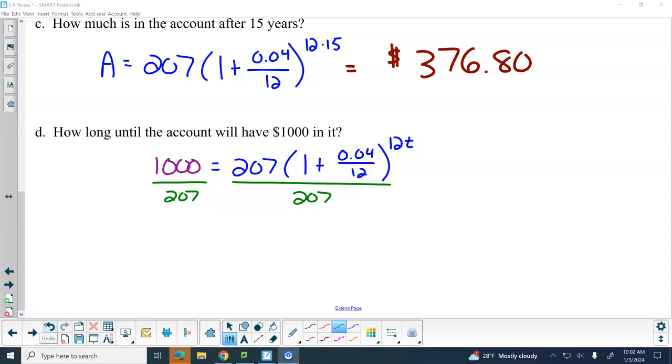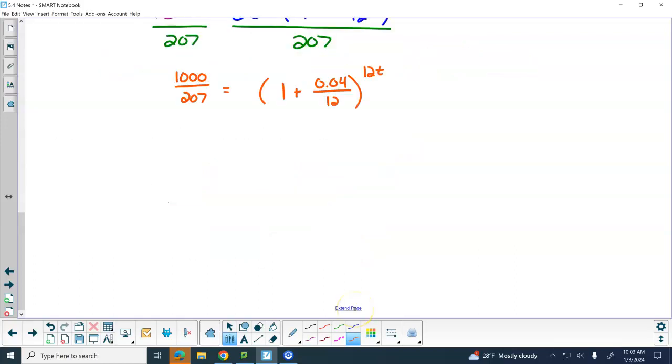Now I would leave that as 1,000 over 207, just because then you're not dealing with a funky decimal or something like that, trying to type it in. Because you're just going to go to the calculator and type it in on this next step.